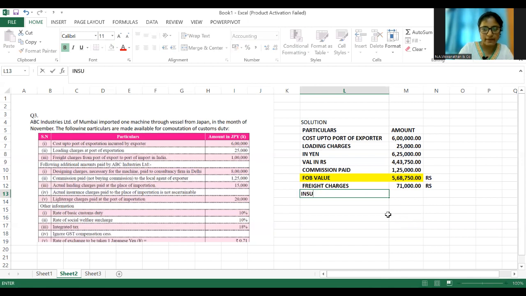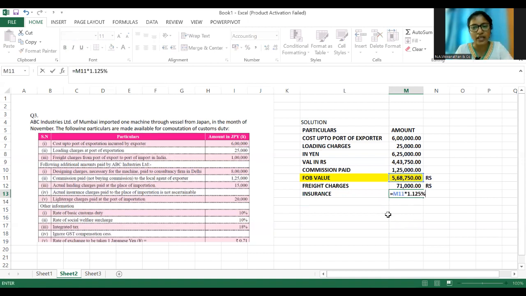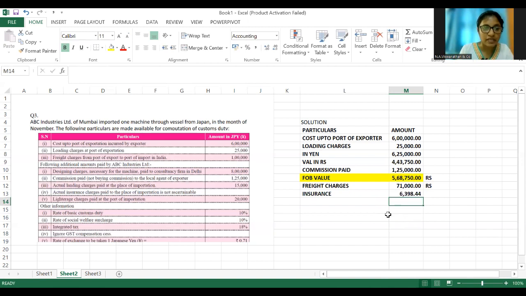Insurance. Insurance is not ascertainable. So what we will do, we will take FOB value into 1.125%. Now that is your insurance. Lightage charges. Lightage charges is incidental to import, and hence we have to add it.